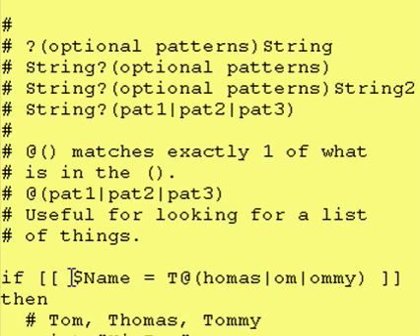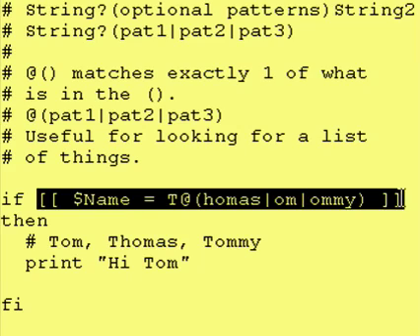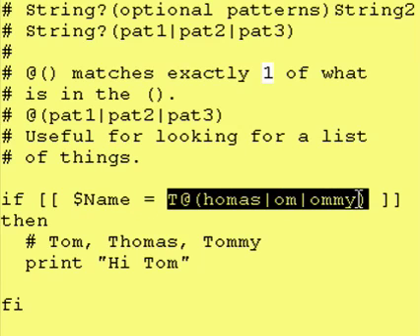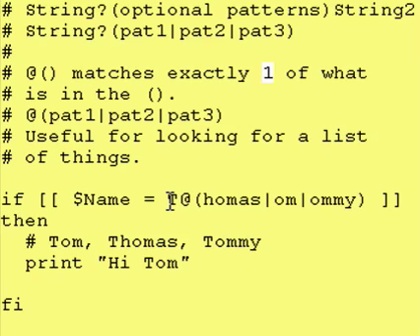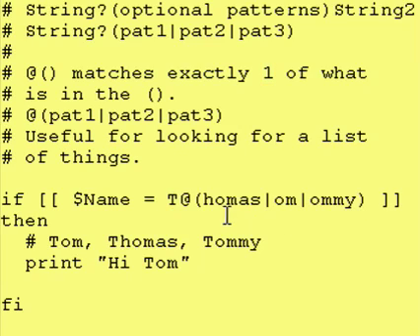So, this test right here says that we're going to get the value inside of the variable name, and we're going to compare it to this right here. Well, capital T is required, and what is also required is one of the 3 patterns that is inside of the parentheses here.